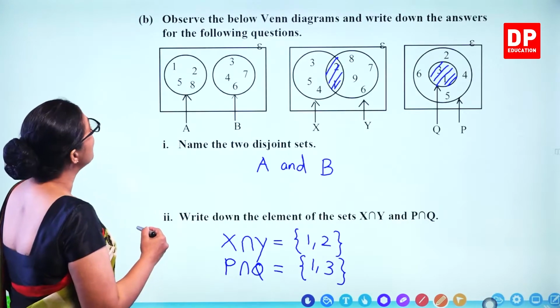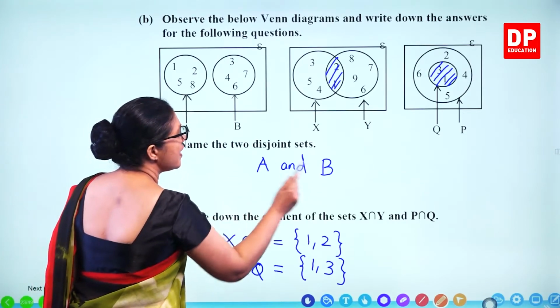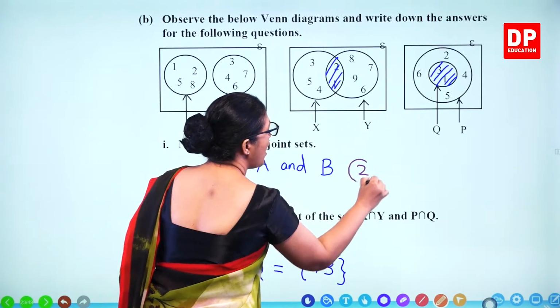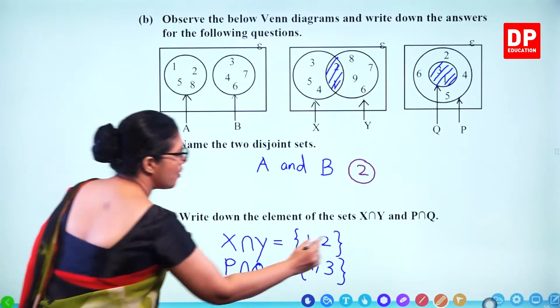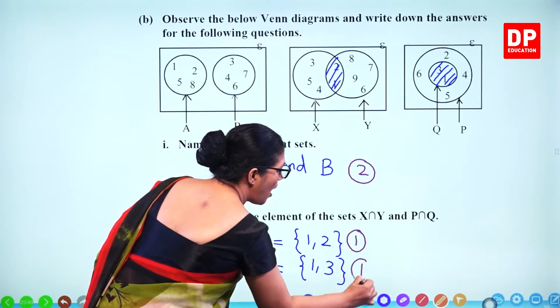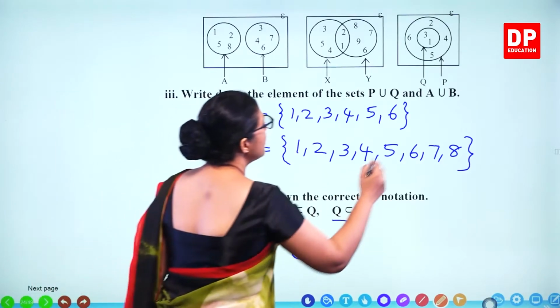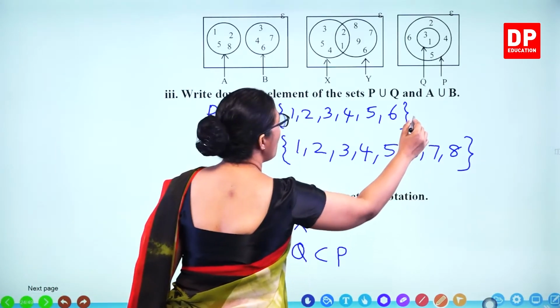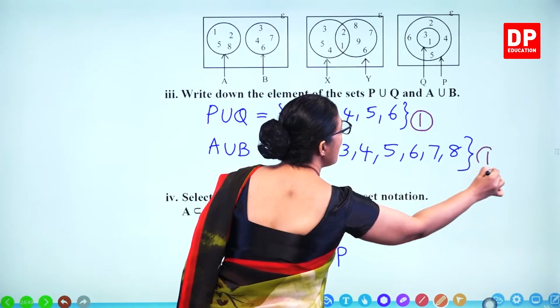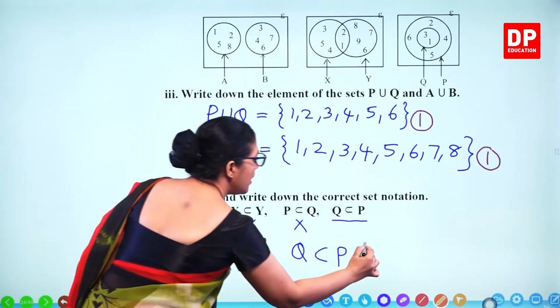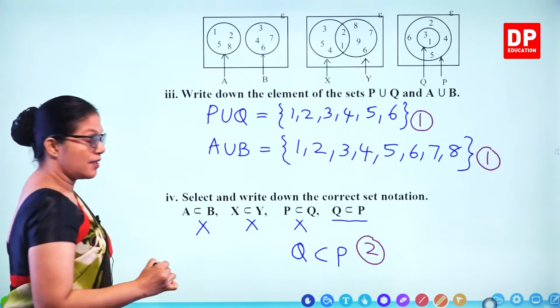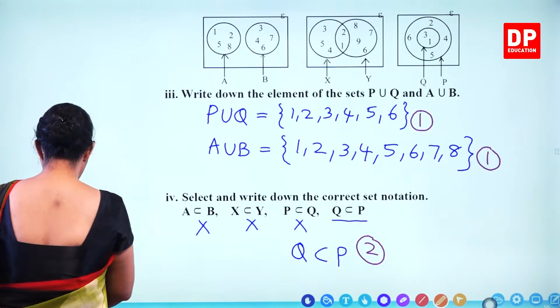So we'll give for this part, writing A and B, 2 marks. And this one, 1 mark and 1 mark. This one, we'll give 1 mark and 1 mark. And here 2 marks, identifying this is a subset.